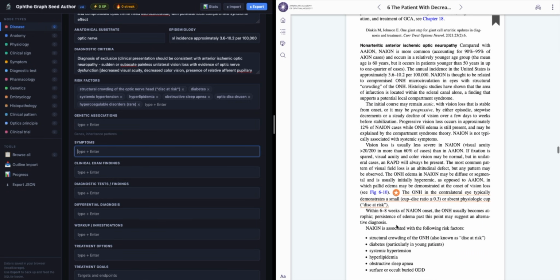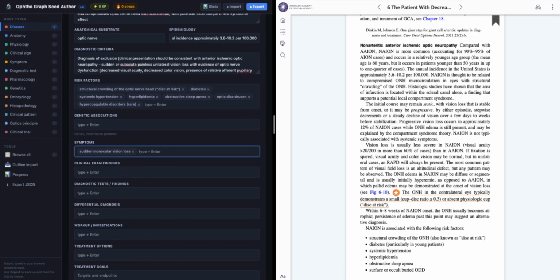Symptoms. So we have sudden vision loss. We'll say sudden monocular vision loss, as even though you can sometimes have bilateral disease, they're rarely ever simultaneous, except in some systemic hypotensive states.